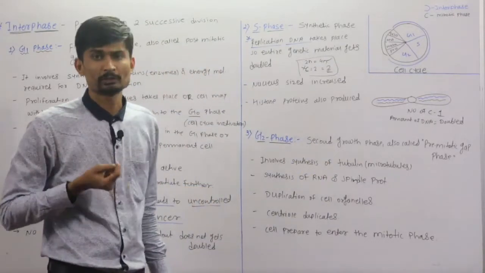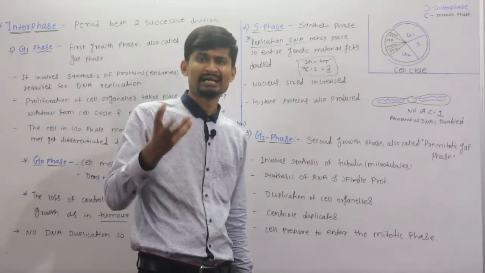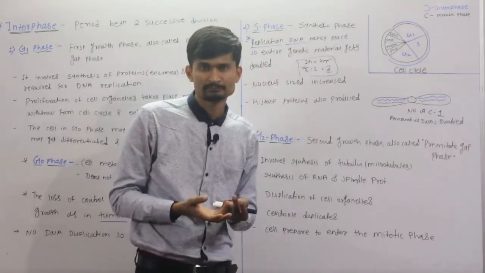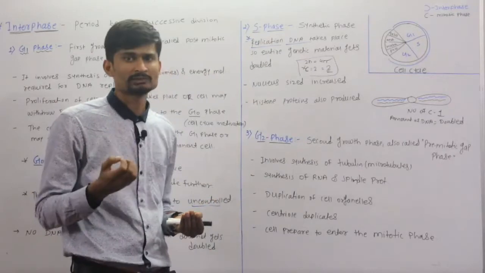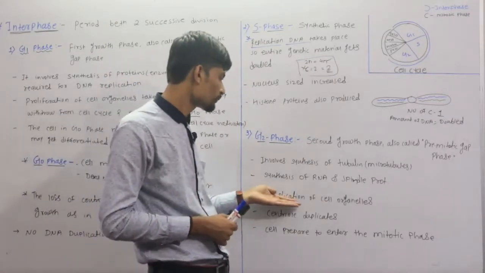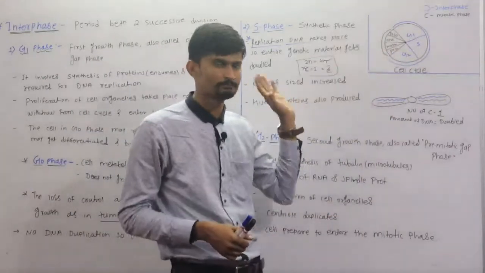So duplication of cell organelles like the mitochondria, endoplasmic reticulum, Golgi bodies, and the chloroplast in the plant cell. Because during cell division, from one cell there is a formation of two cells, so we also require the doubling of the organelles. That's why duplication of cell organelles takes place in the G2 phase.